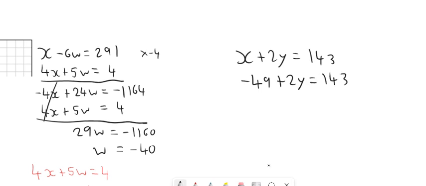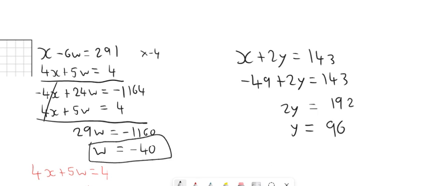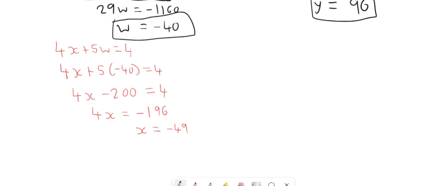So bring the minus 49 across and it becomes plus 49, and we get 192 on that side is equal to 2y. And y we just divide by 2, so we get 96. So we get w is minus 40, y is 96, and x is minus 49. And that's all for question 1.